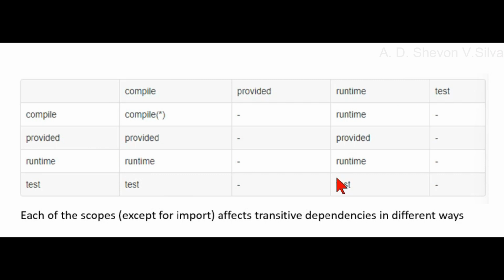If a dependency is set to the scope in the left column, the transitive dependency of that dependency with the scope across the top row results in a dependency in the main project with the scope listed at the intersection. If no scope is listed, it means the dependency is omitted.